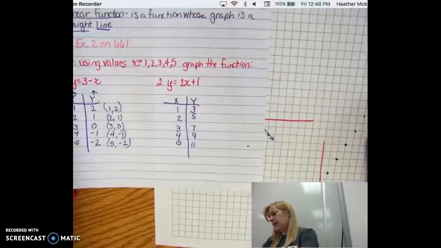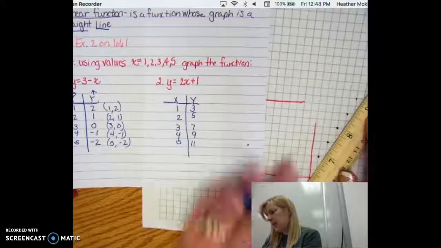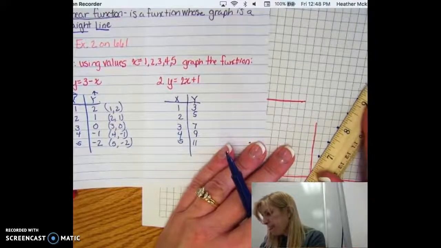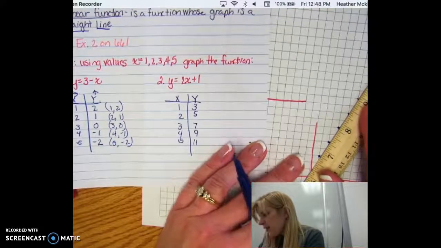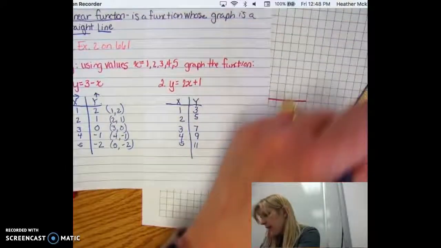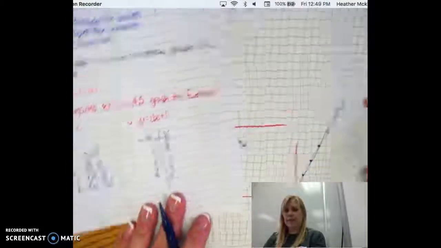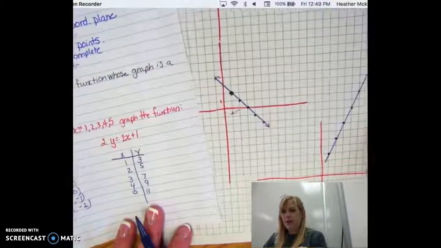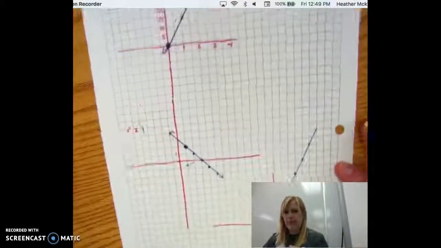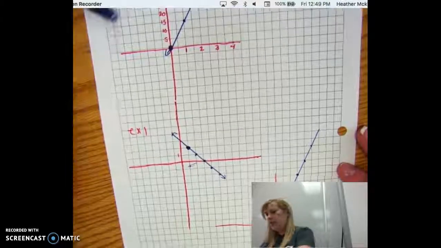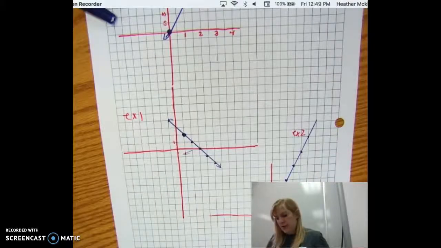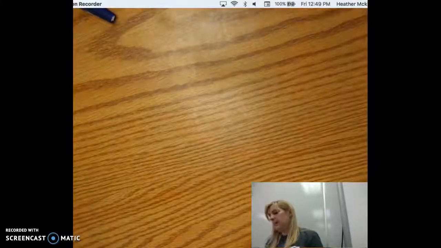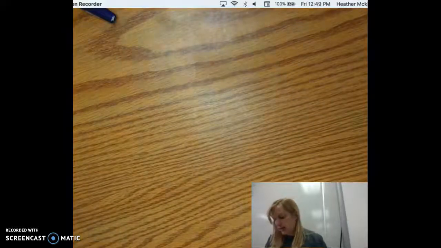And when I draw the line through that, you're going to see it goes in a beautiful line right there, and which way it moves. So that's example 2.